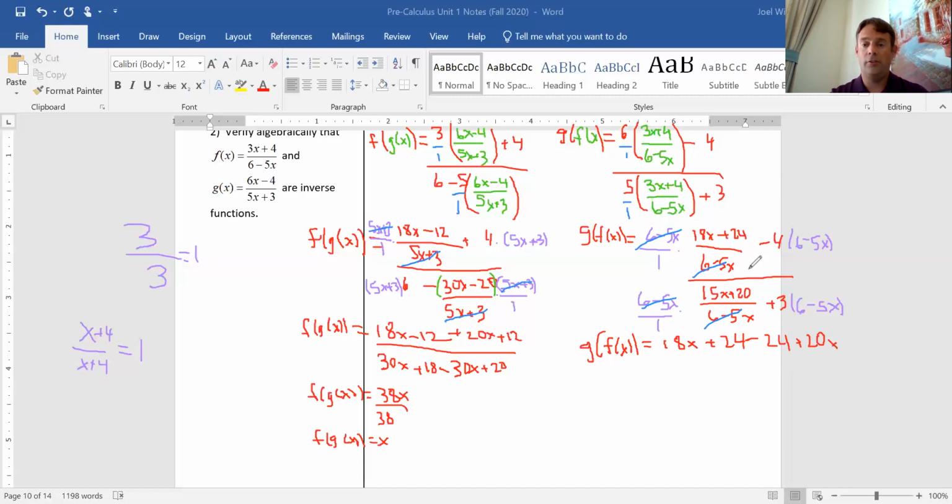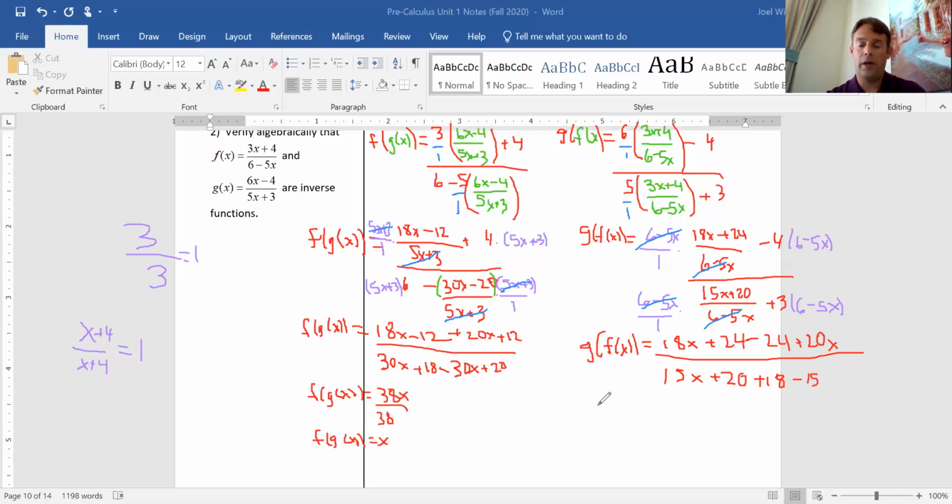So that's just taking this negative 4 here and distributing it in. Let's do the bottom now. I got 15x plus 20. And then 3 times 6 is a positive 18. And 3 times negative 5 is a negative 15x.